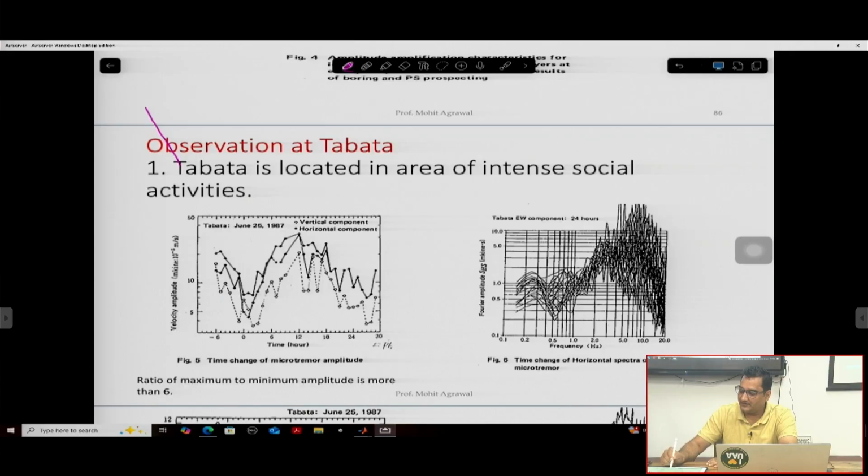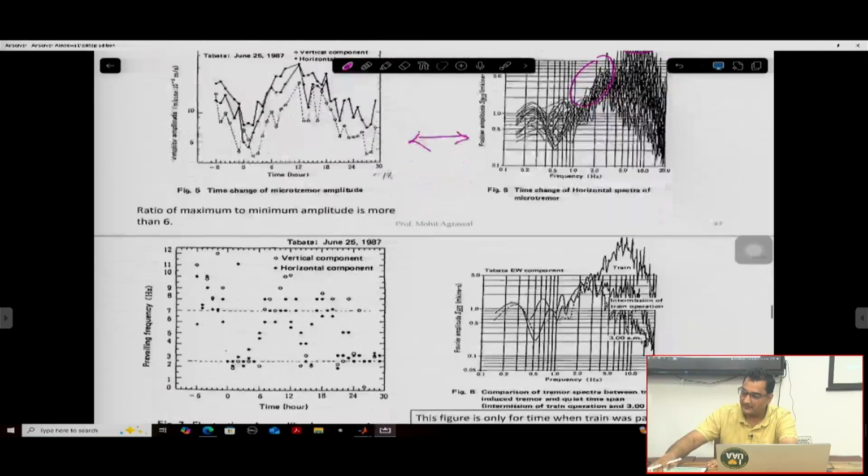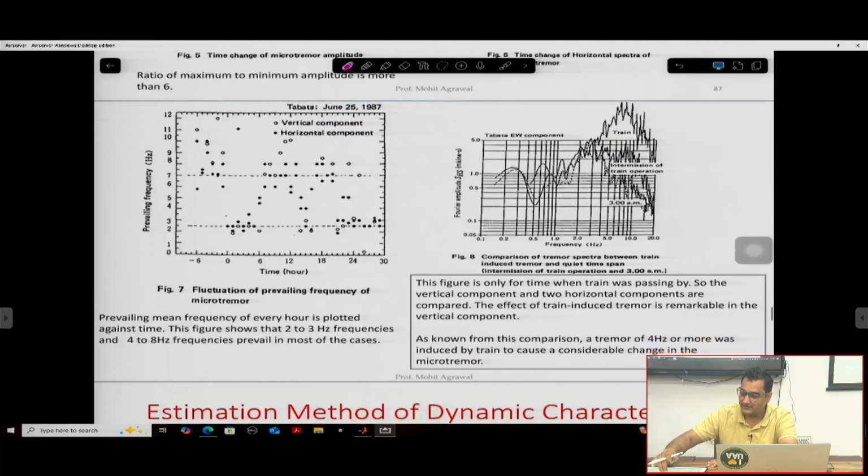So after they did the Fourier transform, after subdividing this entire continuous record into 24 hours, 1 hour each, they observed the prevailing frequencies coming particularly in this region and also in this region. That is because that was the time when some train was passing by in that area when the data were recorded.